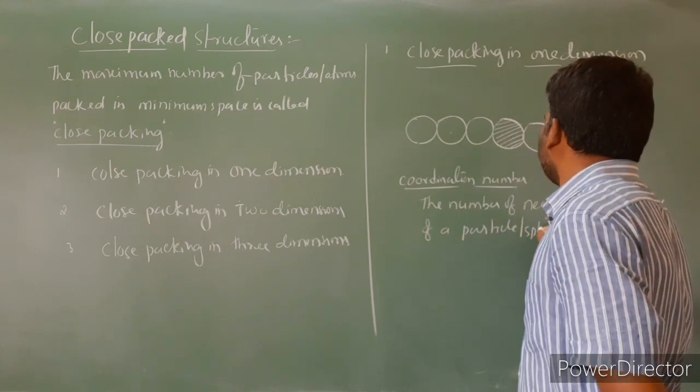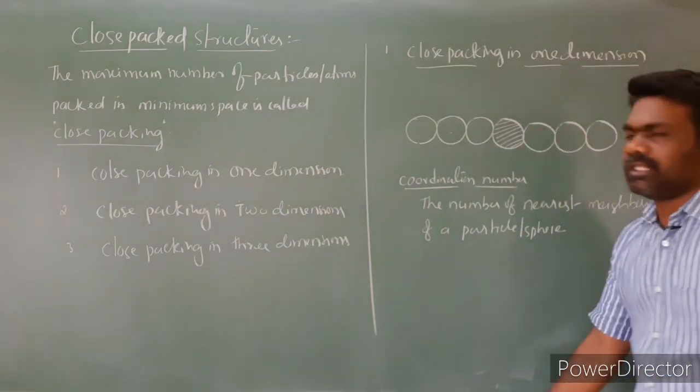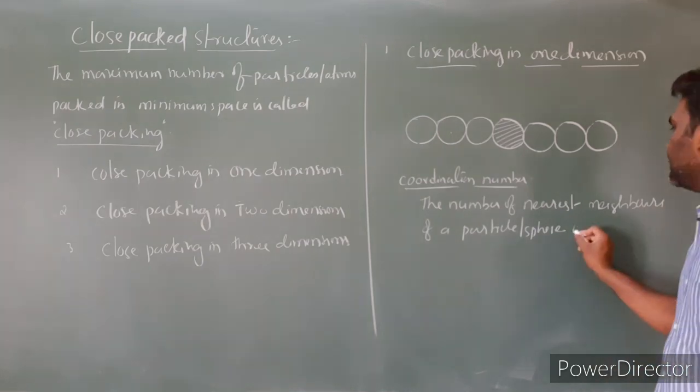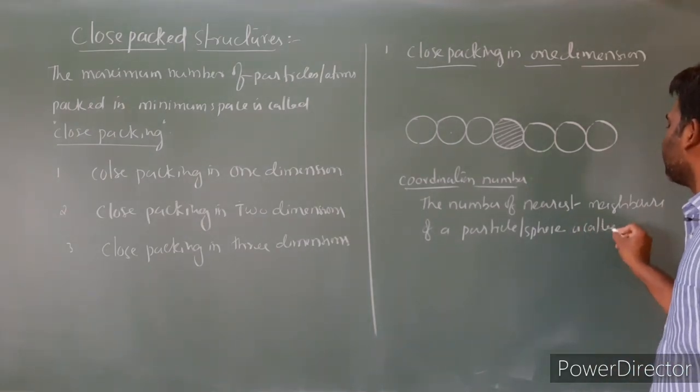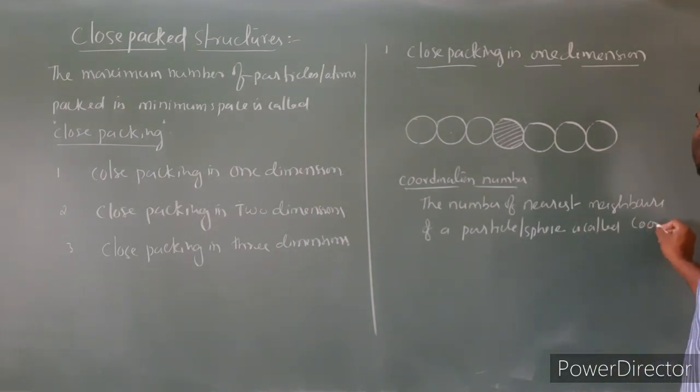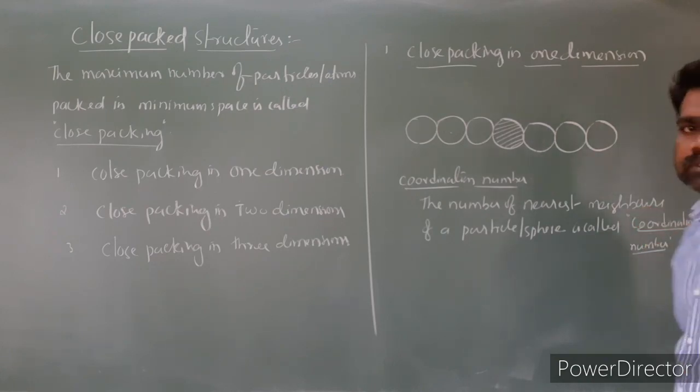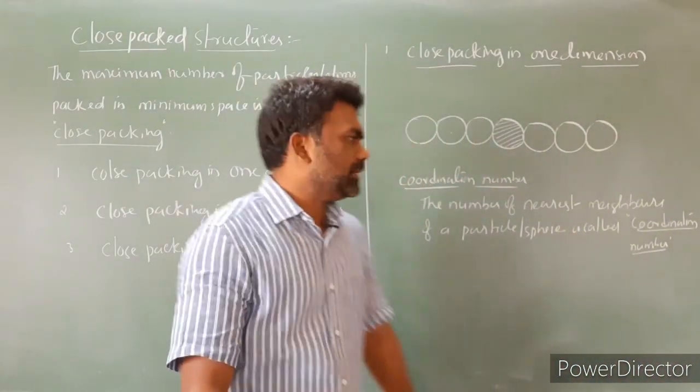The number of nearest neighbors of a sphere or particle is called coordination number. So this is the definition of coordination number.